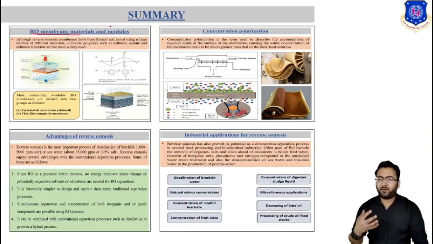Then we discussed the various modules: for reverse osmosis mainly two types of modules are used, spiral wound and hollow fiber membrane modules. Then we discussed the membranes used for reverse osmosis, such as asymmetric membrane and thin film composite membrane. Mostly thin film composite membranes are used for reverse osmosis, which give better effectiveness.